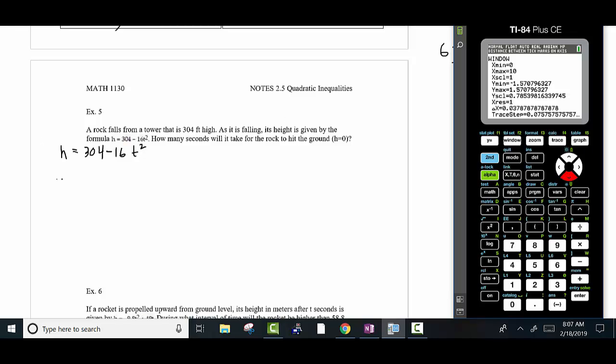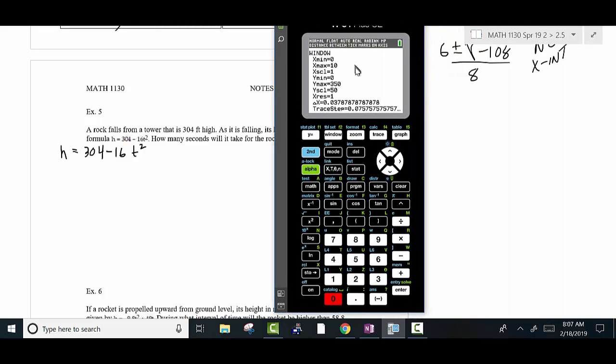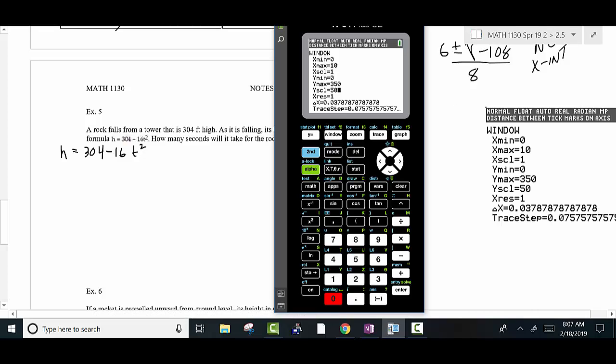The 304 is actually the starting point, and then it just goes down. So my y needs to go from 0 to something bigger than 304, maybe 350, and then scale by 50. Let's try that window and see if it gives us a good picture of the graph.